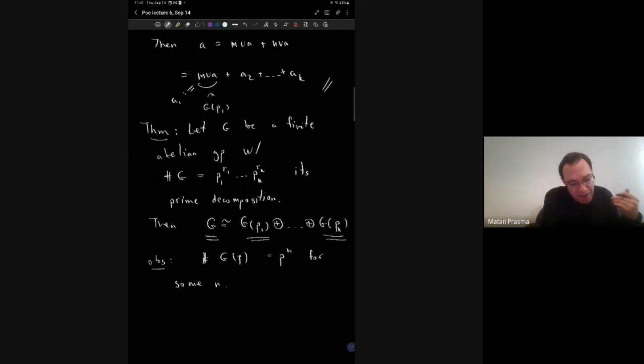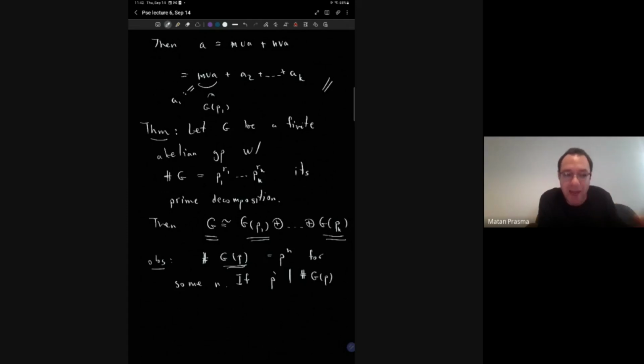If another prime p' would divide the order of G_p, then by Cauchy's theorem I would have an element of order p'. But the definition of G_p is all elements whose order is a power of p.